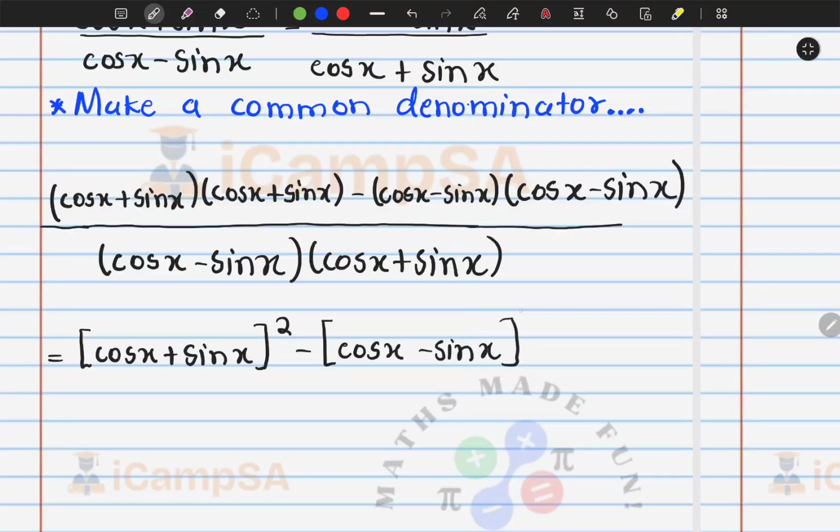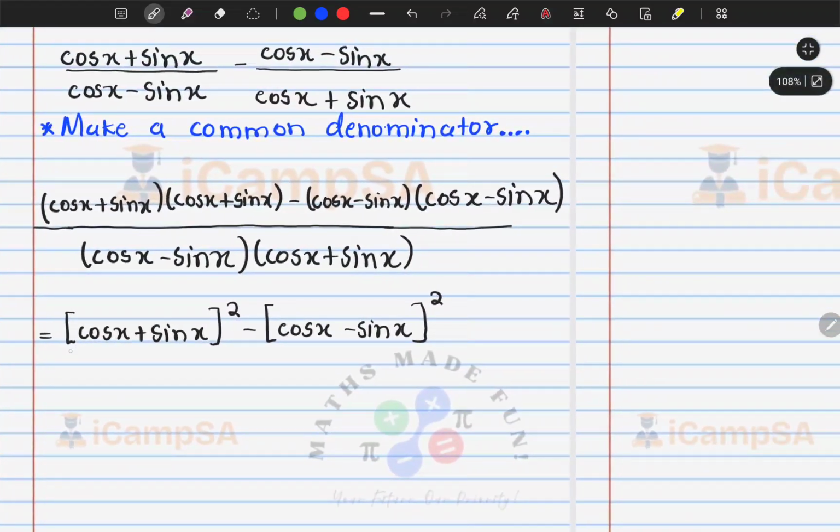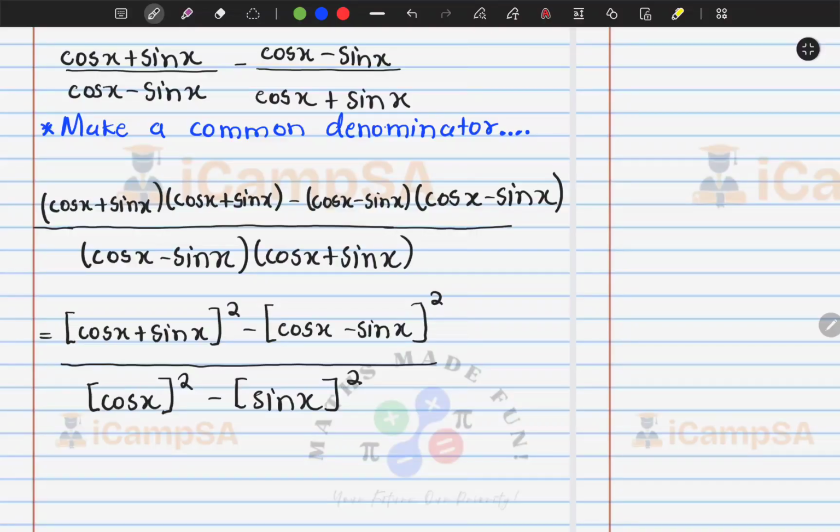We have the same multiplying each other, so that is why they become squared. Then divided by, you will see that this is a difference of 2 squares. Okay, so that ends up being cos x all squared, then minus sine x all squared.